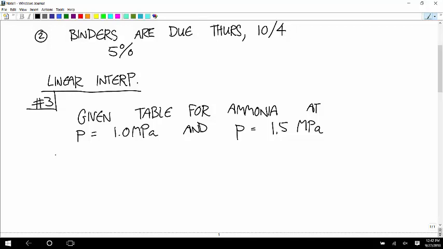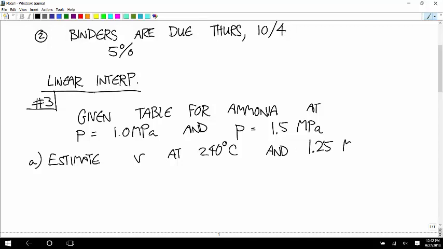And we want to estimate, for part A, the specific volume at 240 degrees Celsius and 1.25 megapascals.